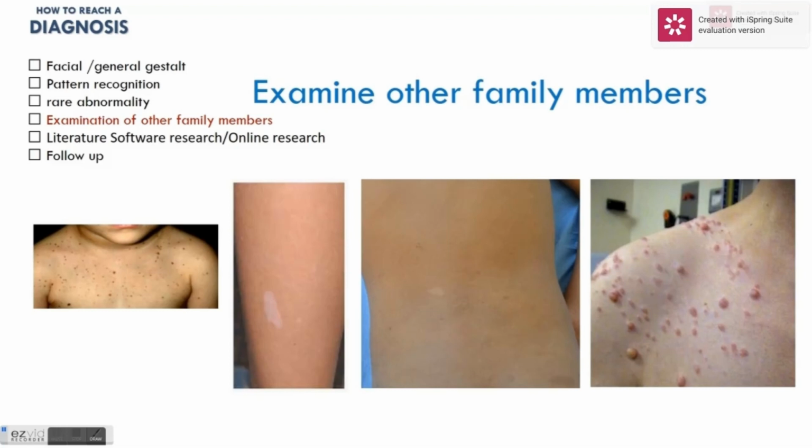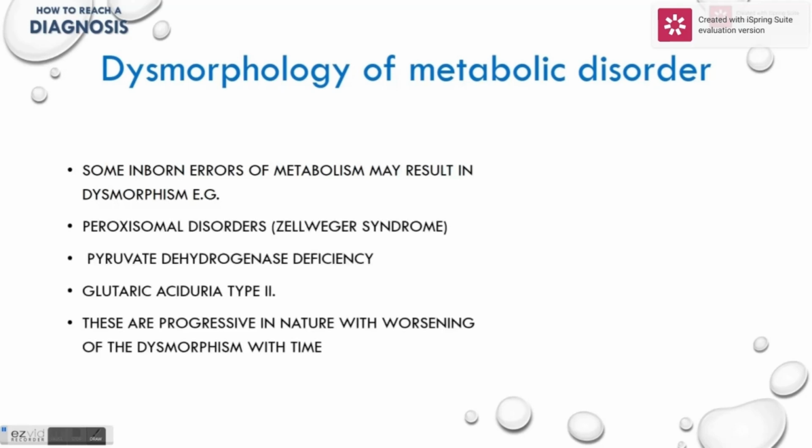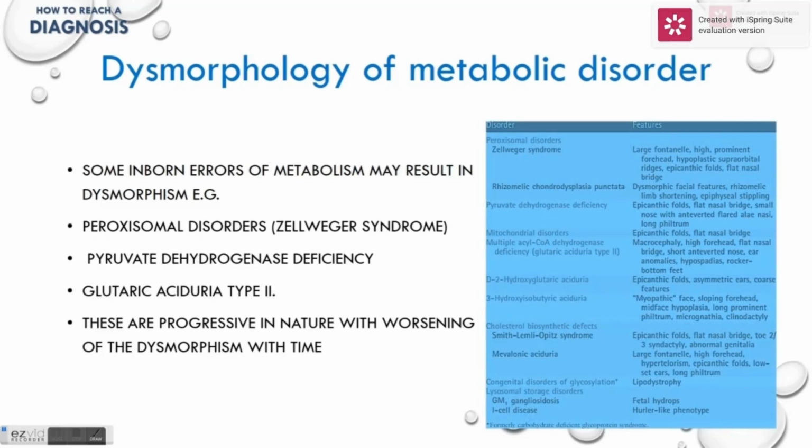Some metabolic disorders, inborn errors of metabolism, can have dysmorphism. So there is overlap between clinical genetics, dysmorphology, and inborn errors of metabolism. There are similar disorders that can result in dysmorphism, like peroxisomal disorders.